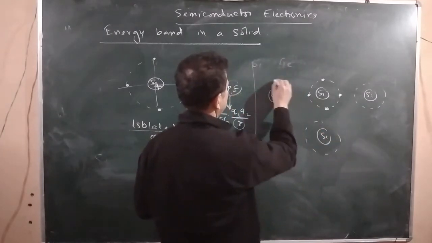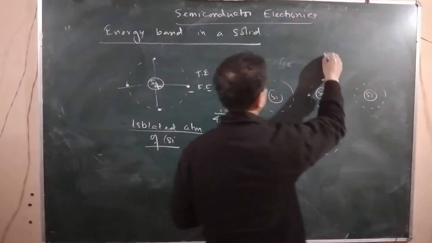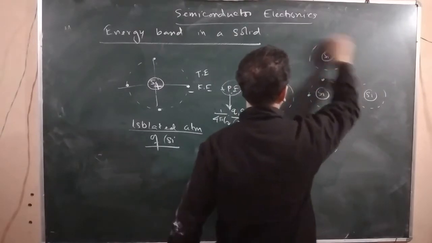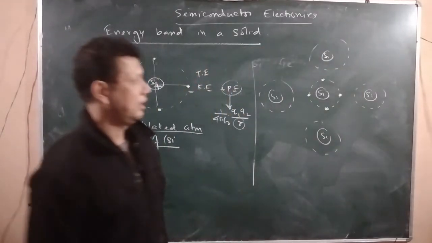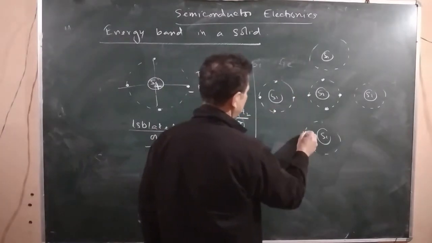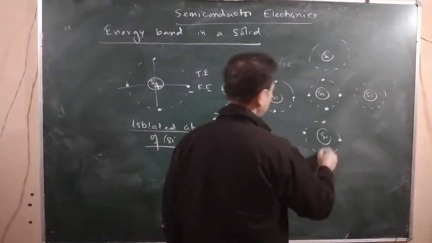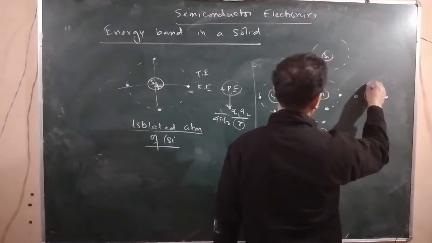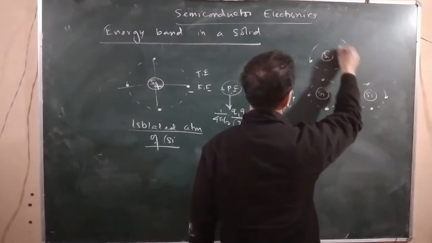Billions of silicon atoms take their lattice positions like this, and together they form a crystal. Each silicon atom has 4 valence electrons, because they are tetravalent.